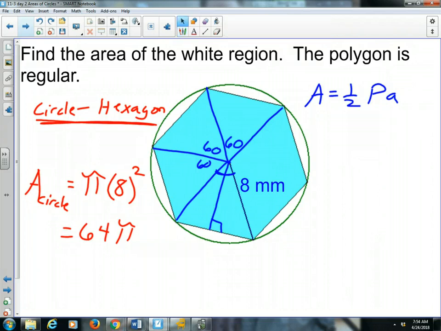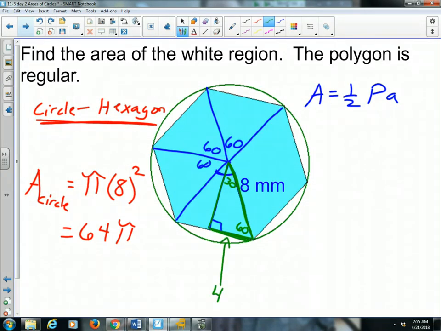And so then half of 60, this angle is 30 degrees. So right here, we have a 30, 90, 60. We have a 30, 60, 90 right triangle. My hypotenuse is 8. So my longest side is 8. So my shortest side, the side opposite the 30, is half as much. So this distance right here is 4 millimeters.